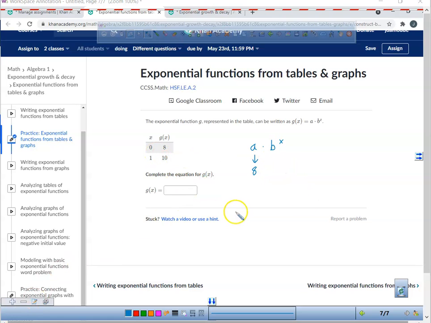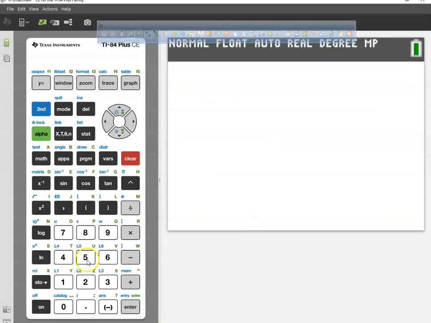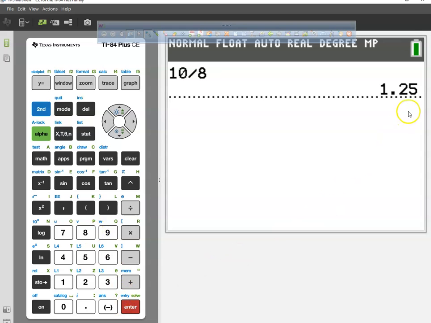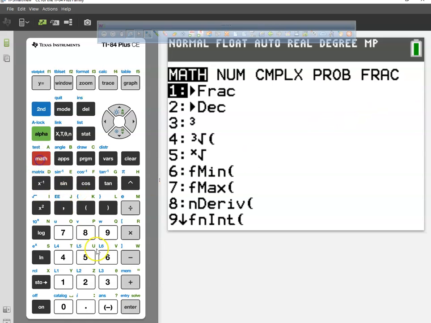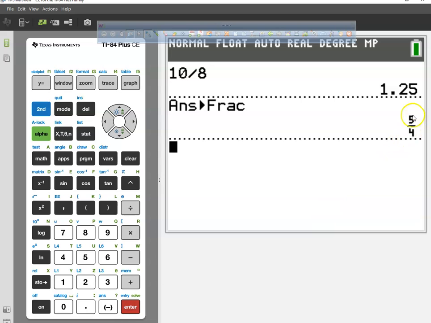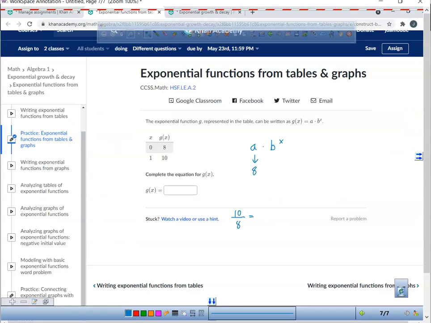My b value is going to be 10 over 8. Now, as a decimal, if we did 10 divided by 8, you get 1.25. That's a discrete decimal. It's not continuous, so you could use 1.25. But if you use a fraction, you have to reduce it to that 5 over 4. Otherwise you'll get it wrong.